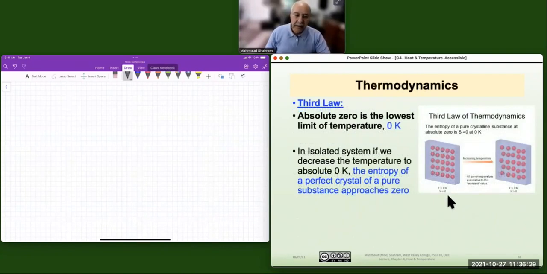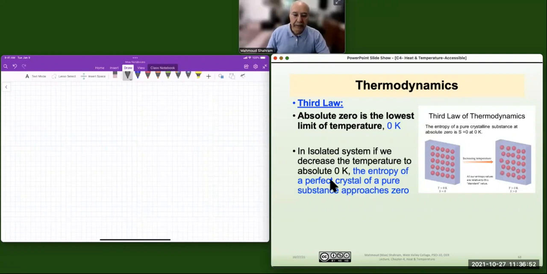The third law tells us that we have an absolute zero, and at absolute zero, all the motion of the particles, atoms, molecules, everything ceases to exist. That's called 0 Kelvin.